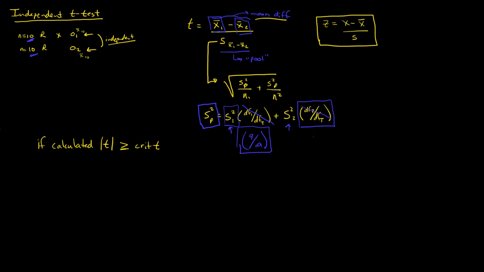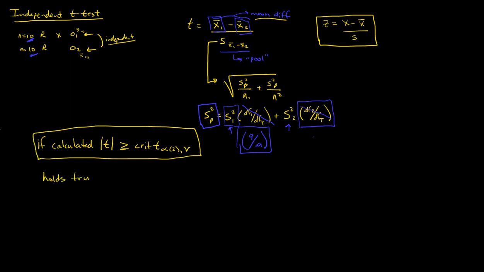Remember, our critical t was what we got out of that table where we had to look at some alpha, decide whether or not we were doing one or two-tailed, and then our degrees of freedom. If this statement right here holds true, then we're going to reject the null hypothesis. In other words, we're going to say our treatment had an effect. So that's the big picture for the independent t-test in terms of the equation.